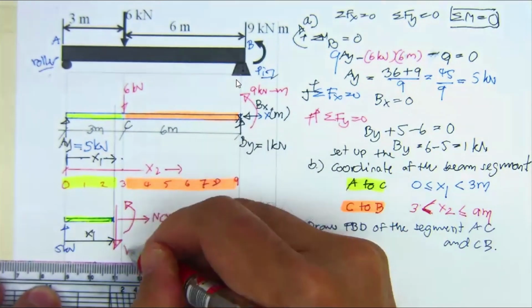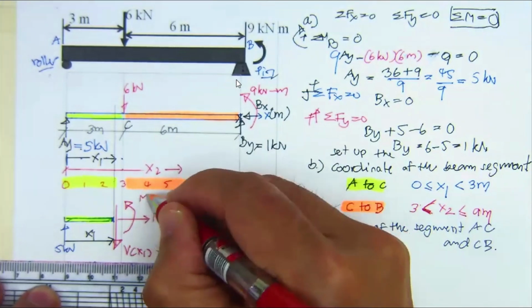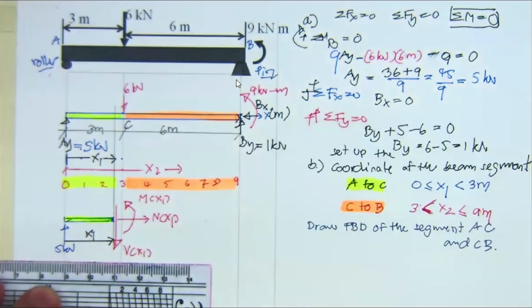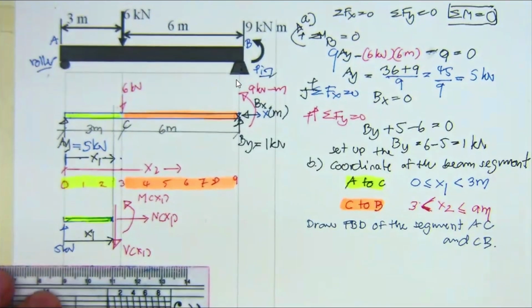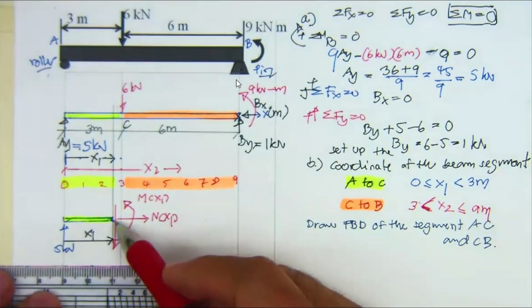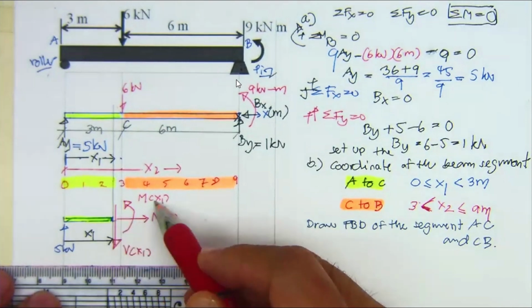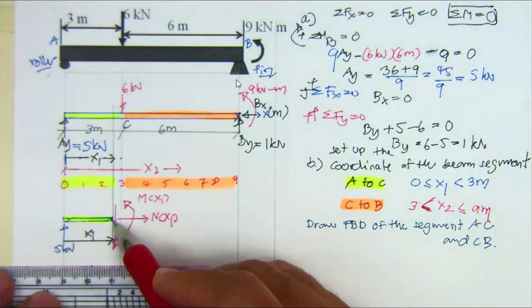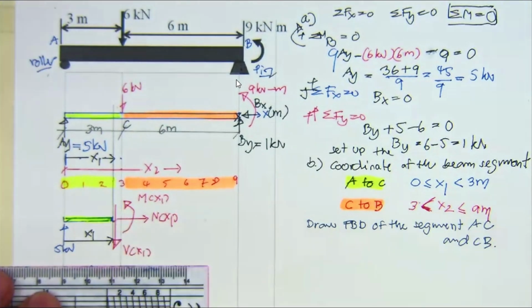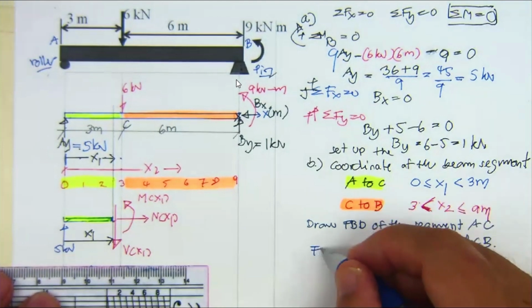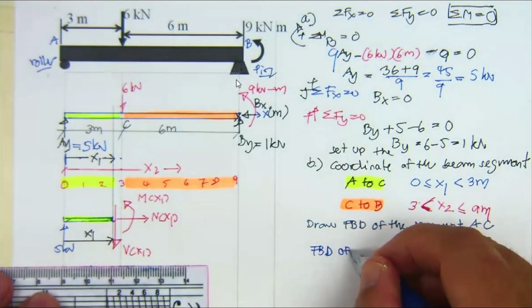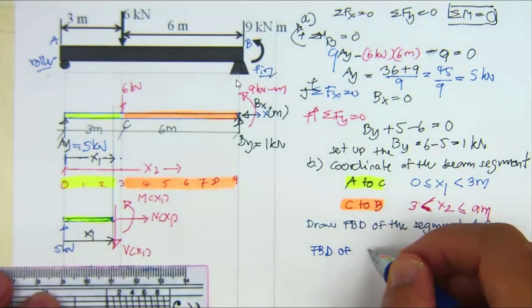All of them are functions of the coordinate x1. Then the internal forces and moment make the segment be in equilibrium. Then, following this one, we consider the free body diagram of AC.